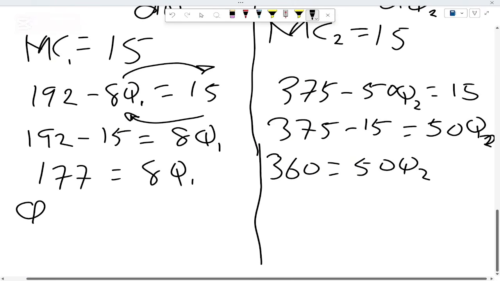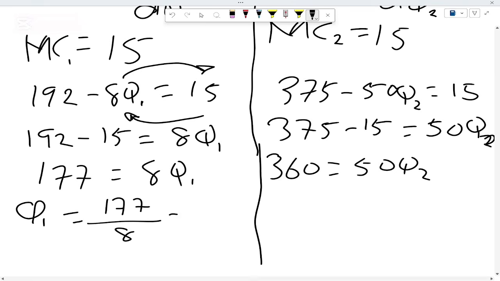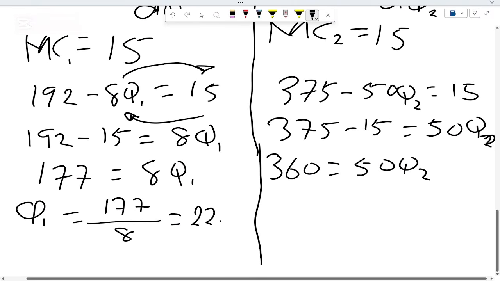So you divide the coefficients. What you have here now, Q1 will be equal to 177 divided by 8, which will give you 22.125. You can use all the decimals since they are not much. Then here, what do you get?